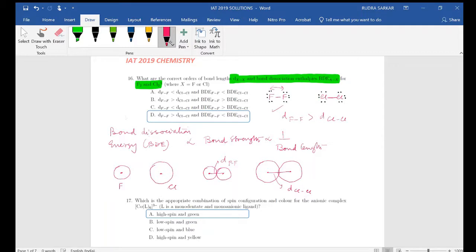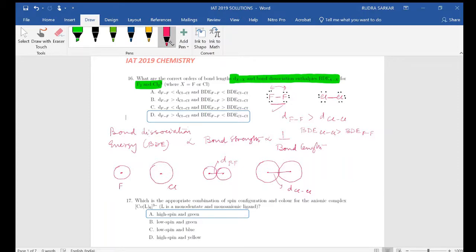If that is the case, then what will we say about the bond dissociation energy? That BDE ClCl will be greater than the BDE FF. So by taking into consideration the repulsions between the lone pairs of each bonded atom, in which the fluorine is lying at a shorter distance initially, the repulsion is more, and the distance between these two fluorine atoms increases.